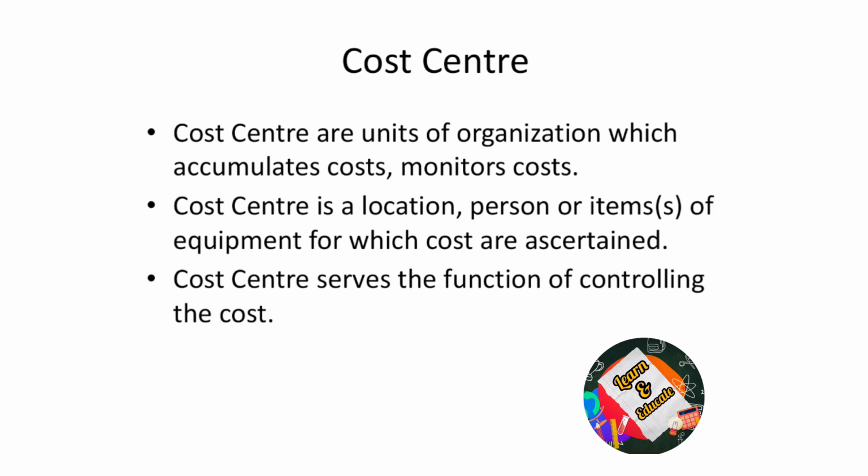The cost center serves the function of controlling the cost, to exercise proper control and determine a predetermined result: the outcomes and targets of performance which are laid down in advance in respect of each location, person, department, or operation.